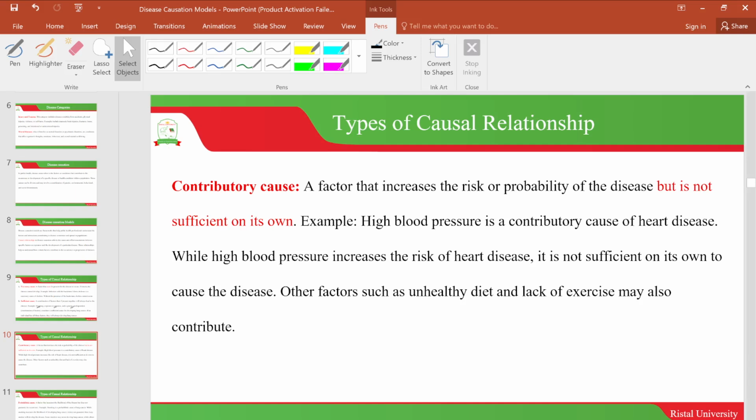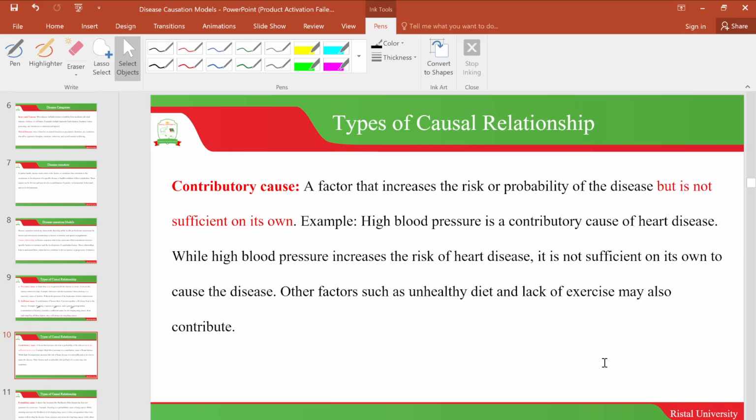Okay, so this is to say that we have certain factors which increase your risk, the probability of you getting a particular disease, but they alone do not necessarily cause a disease to happen on their own.